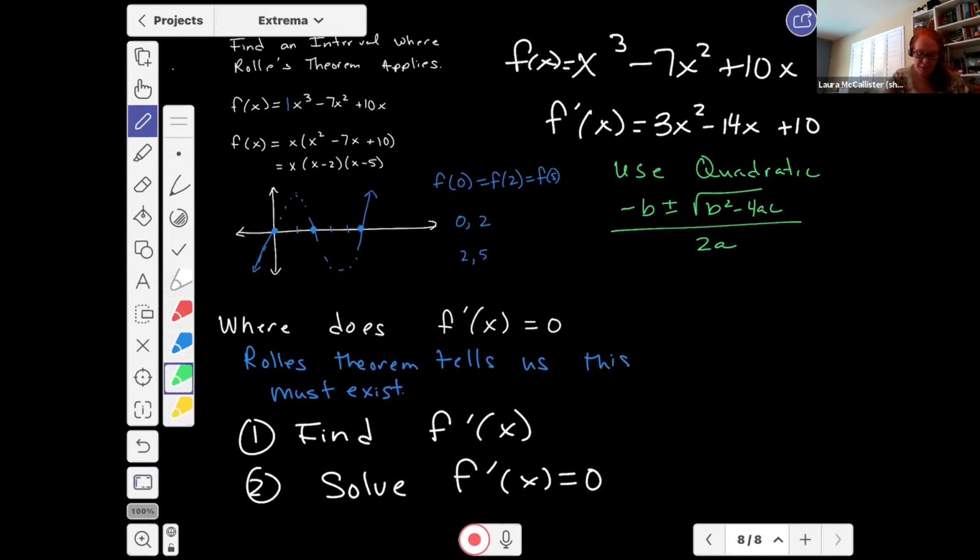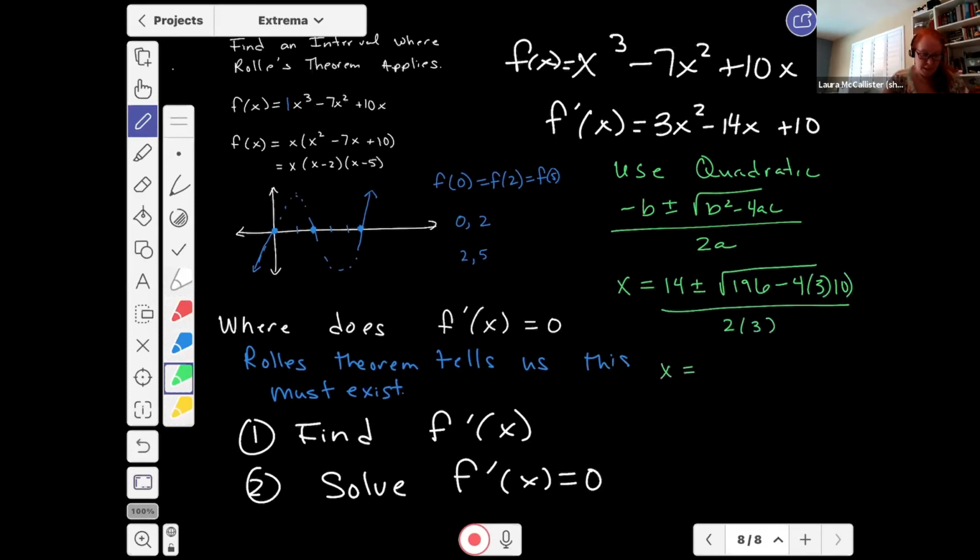So quadratic formula gives us that our two x values are going to equal negative b. So it gives us a negative of negative 14. So it's a positive 14 plus or minus the square root of 14 squared, which is 196 minus 4 times 3 times 10, all divided by 2 times 3.